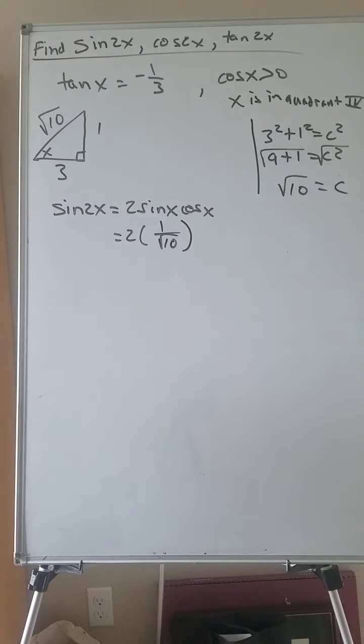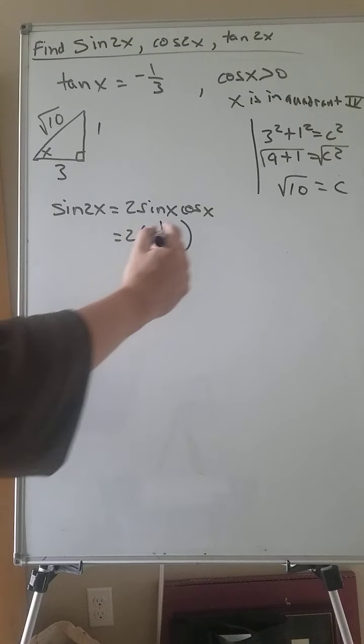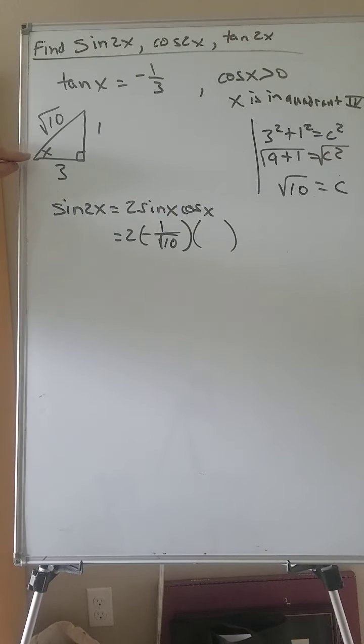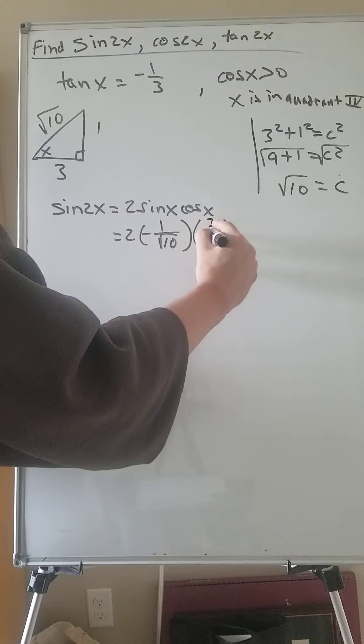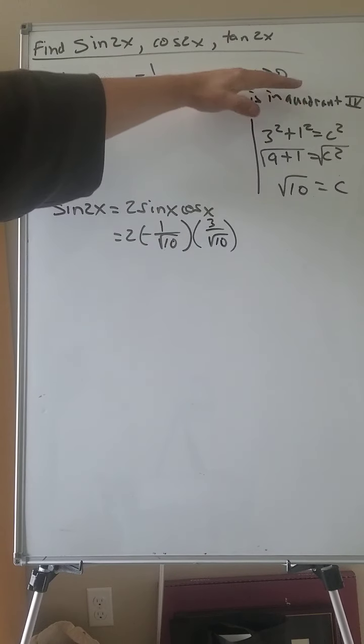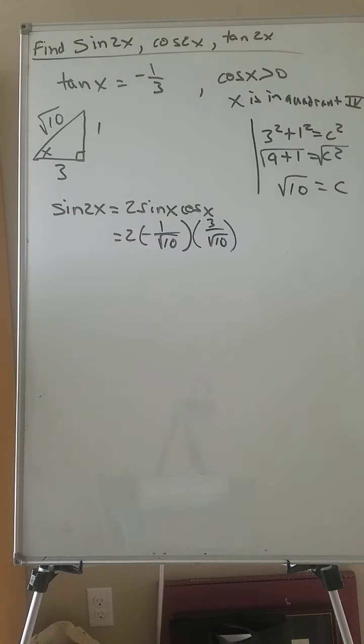But again, keep in mind what quadrant we're in. We're in quadrant 4, and sine is negative in quadrant 4. And then I need the cosine of x. The cosine of x is adjacent over hypotenuse, so it's 3 over the square root of 10. In quadrant 4, cosine is positive, so that one's positive.